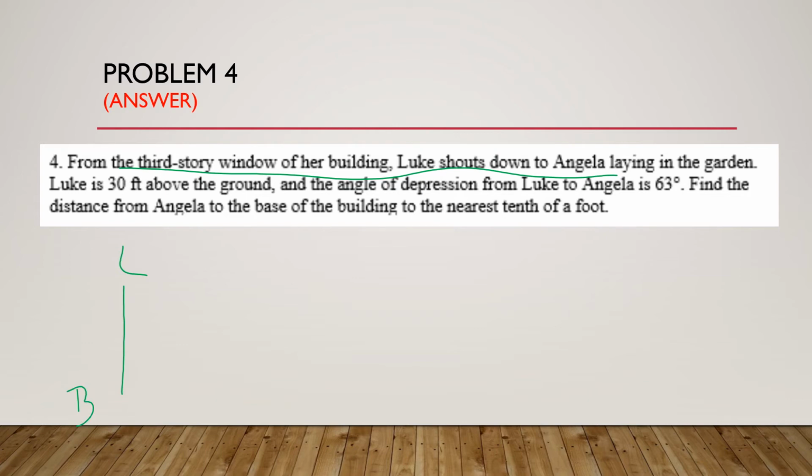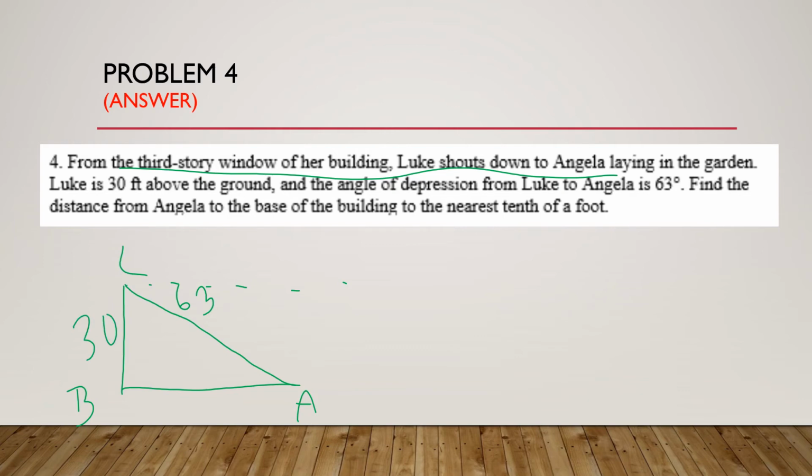Here's the building. And he's yelling down to Angela, who's out here in the garden. This is his line of sight. And we want to find Angela to the building. It says that his angle of depression is 63 degrees and the window is 30 feet above the ground.